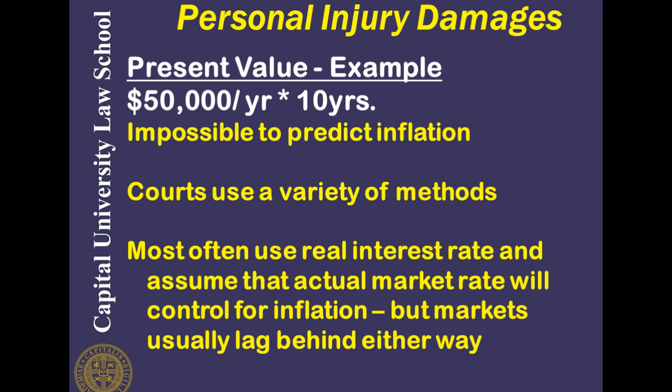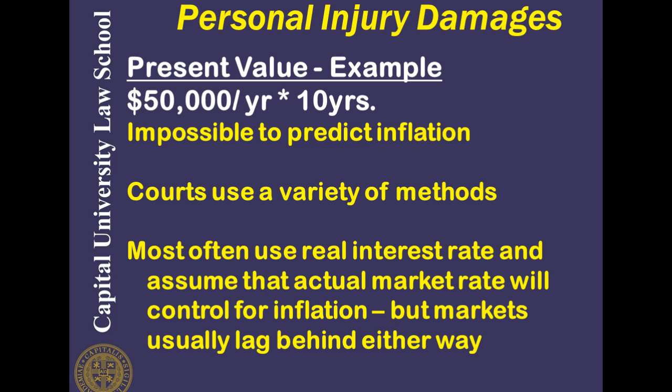Most often, as a result, courts will use, as we saw in the cases in the book, the real interest rate. That is the base price for loaning money without risk and without inflation, and then assume that the plaintiff will take that money and invest it at market rates, which will include risk and will include inflation.